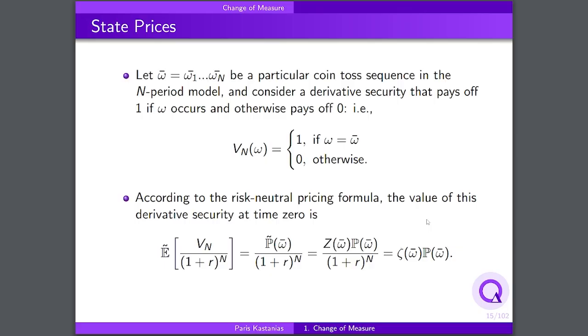According to the risk neutral pricing formula, the value of this derivative security at time 0 is going to be the expected value, so it's like this thing here, which equals P tilde of omega bar divided by (1 plus r) to the n, which is equal to Z times P, which is just the state price there.